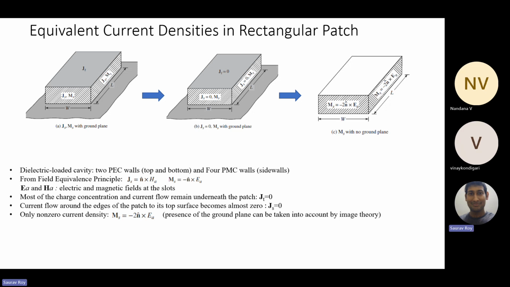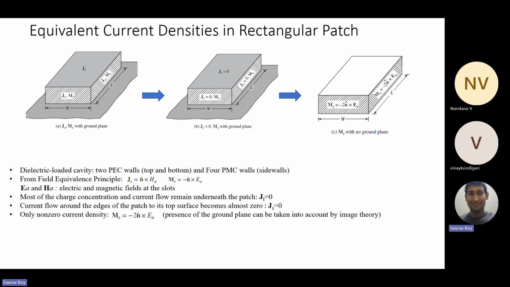Okay, is that understood? How we came from the second to here, how we are using the image principle, do you understand? Because in our ground plane we have a PEC, right? And on top of that we have an image current source.